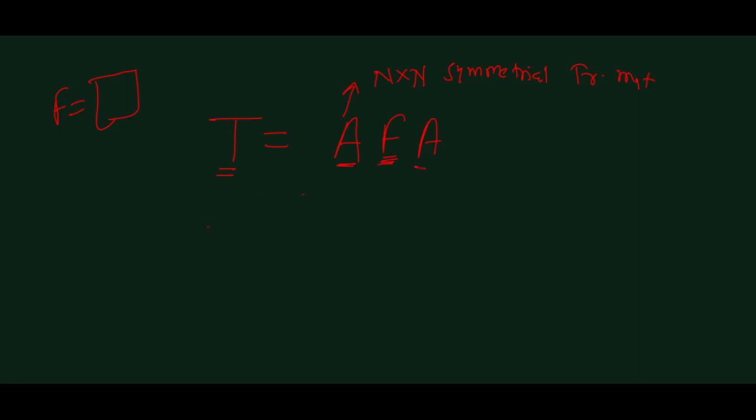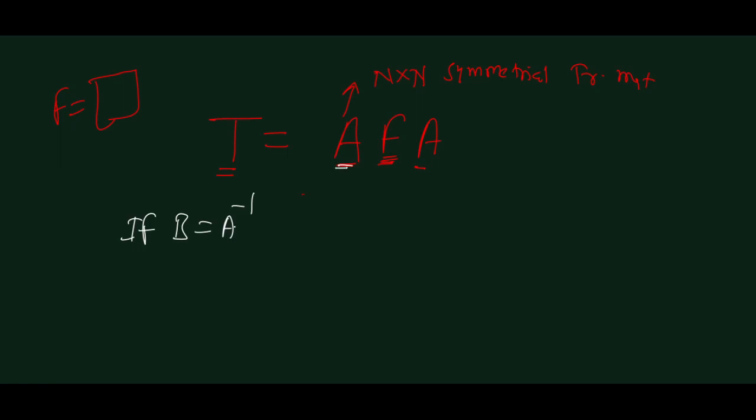One more important part we want to discuss is the inverse transformation, that means you want to be back in the original domain. This is very easy. Let's say B equals A inverse.